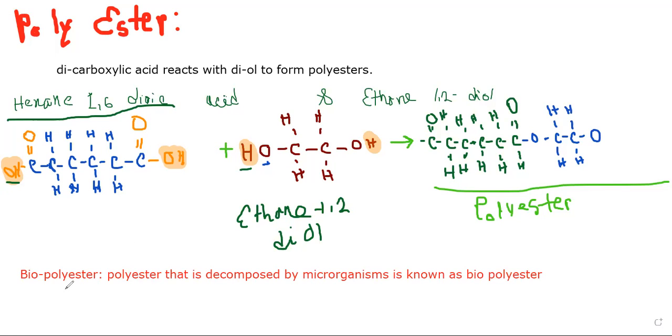Use number one is that biopolyester can be used to make biodegradable plastic bags. As you already know, plastic is really acting as poison for our earth.